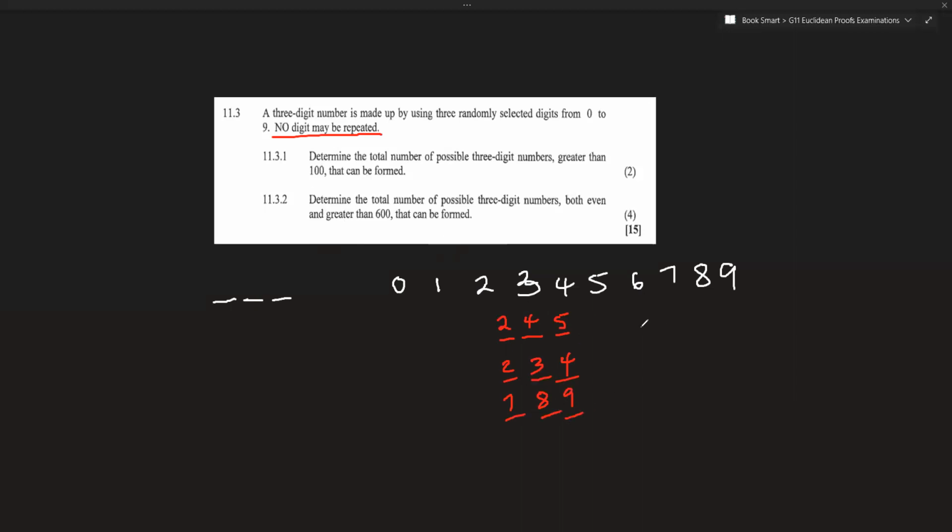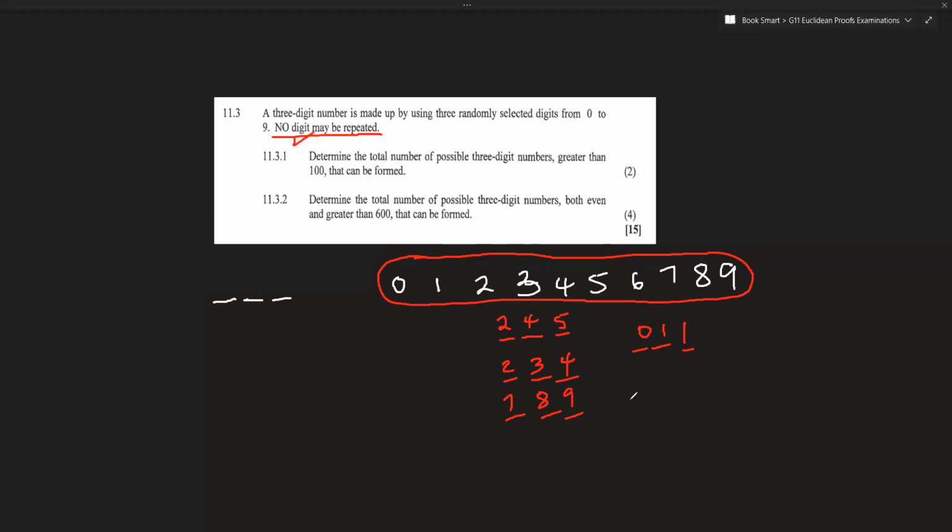But I cannot have 0, 1, 1. Why? Because they say digits may not be repeated. So 1 cannot appear twice in this code. Every digit inside this pool can only appear once. So now I'll show you something before we start with the questions.